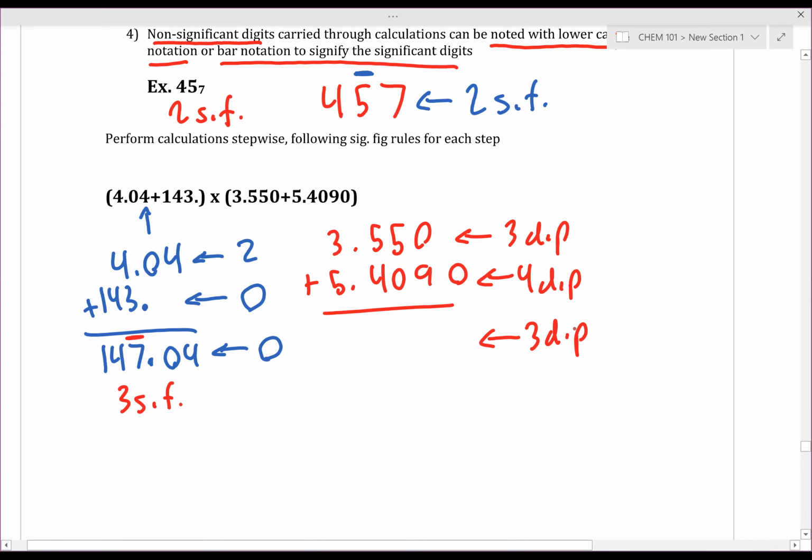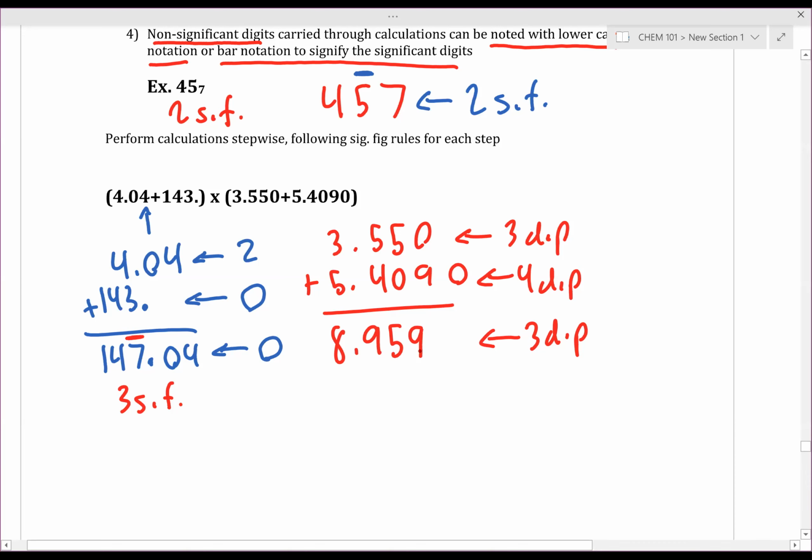Okay, and when we push the equal sign, we end up with 8.959. So let's enter that. So we have 8.959. Does this final output number have 3 decimal places? Yes. Do we need to break out the bar notation? No. This number, as is, conveys the exact amount of sig figs this number has.